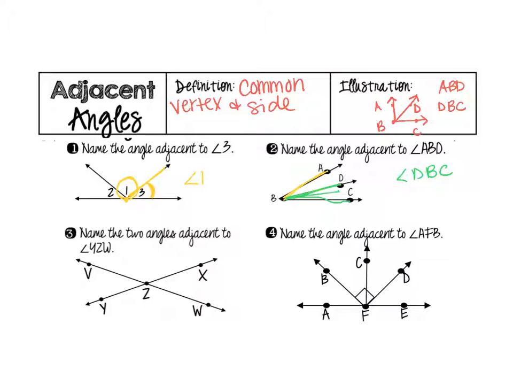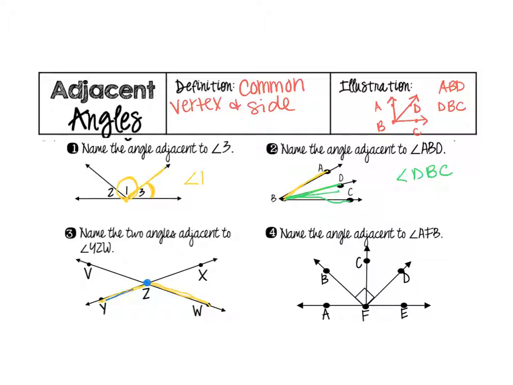Now number 3 and 4. Number 3 says name the 2 angles adjacent to YZW. And number 4, name the angle adjacent to angle AFB. Go ahead and try those on your own and we will go over them. Looking at number 3, I'm looking at YZW, and there are going to be 2 different angles that share a vertex and a side.